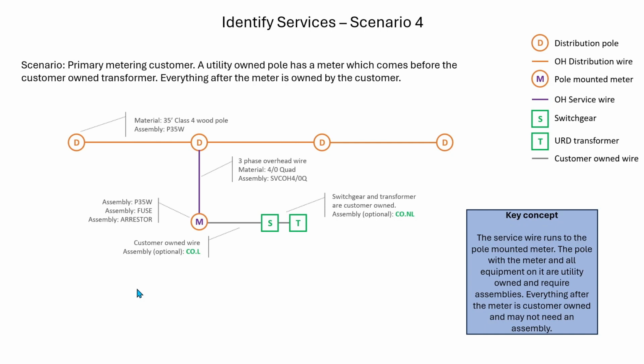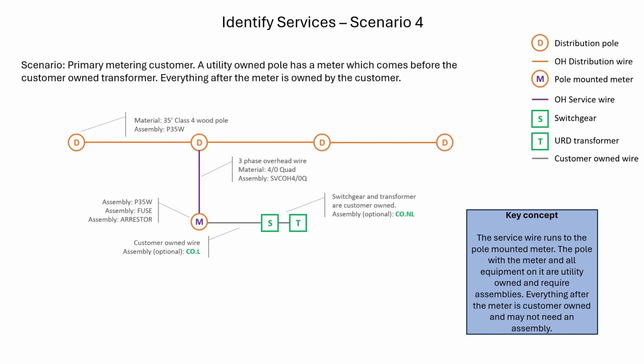In services scenario 4, we have a more complex example, but the same rules and patterns apply as what we saw in the previous examples. So in this case, we have a primary metering customer, and we have a utility-owned pole with a meter on it, which comes before a customer-owned transformer.